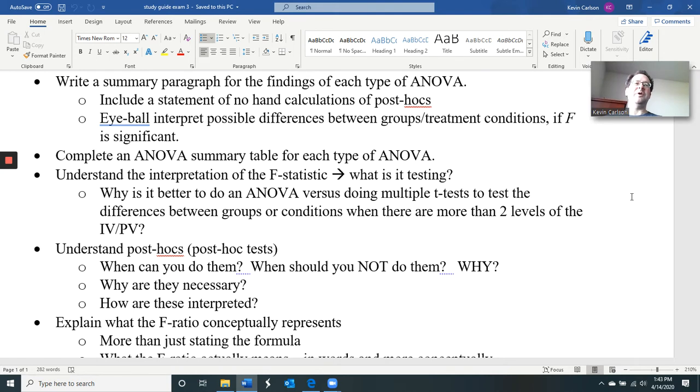Then comma, you have the F, parentheses, you have the degrees of freedom for the between treatments, comma, then degrees of freedom for within if you're in the one way, or the error for the repeated measures, end of parentheses, equals your F that you calculated, and then comma, p is less than 0.05 if you rejected the H0, there's an effect.